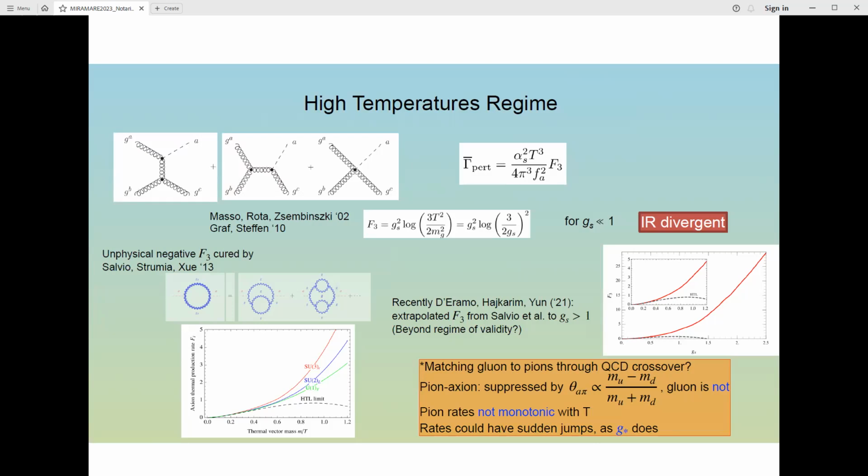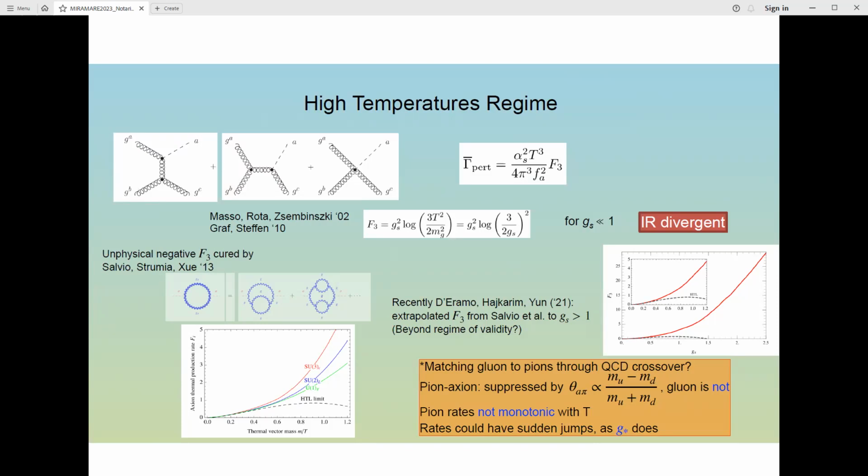Moreover, this rate has been used to extrapolate from the gluon to the pion rate. But this is not correct because the pion rate is suppressed by an extra factor, which is exactly the mixing angle. And you can see that this mixing angle goes to 0 when mu is equal to md, while the gluon rate has nothing to do with this suppression.